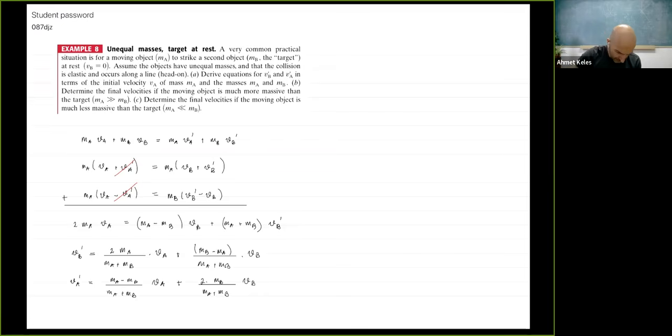All right, so this is derived equations for VB prime, VA prime in terms of initial velocity VA and masses MA, MB.